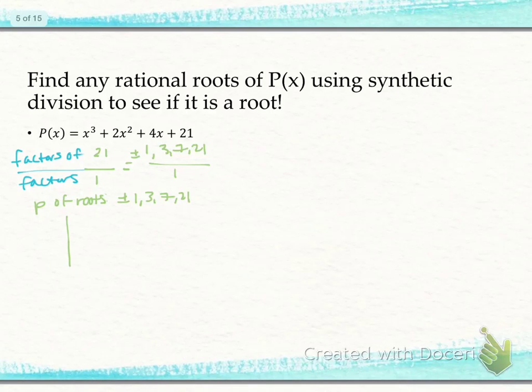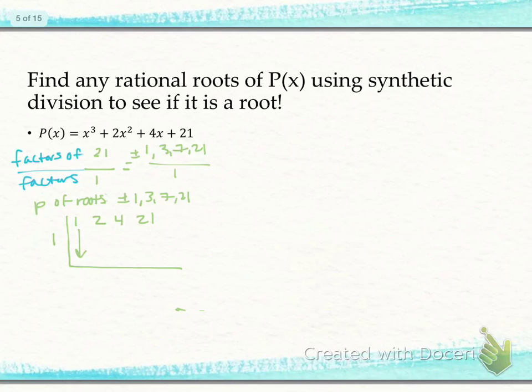So what I'm going to do is use synthetic division. So I go 1, 2, 4, and 21, because they're all written in order, and then we're just going to pick one and test it to see if it works. So right now my possibles are positive 1, negative 1, positive 3, negative 3, positive 7, negative 7, positive 21, negative 21. So let's say we pick 1.